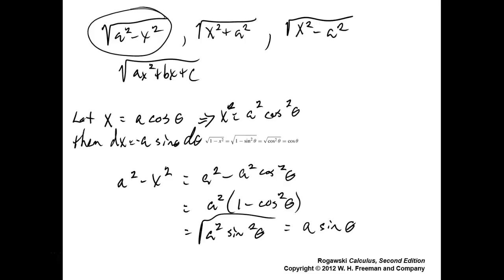When you do that substitution, the theta here has got to be between negative pi halves and pi halves. Okay? That's when you do this substitution here. It doesn't matter which one.